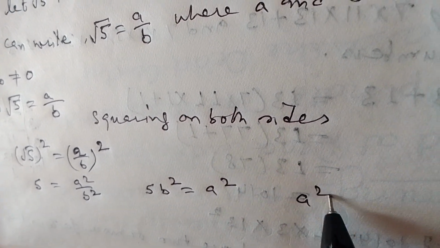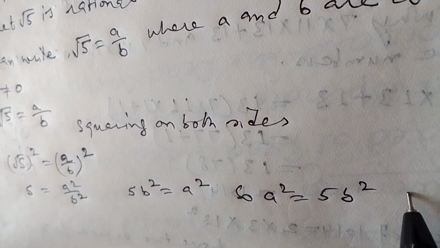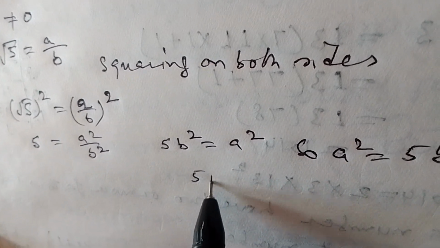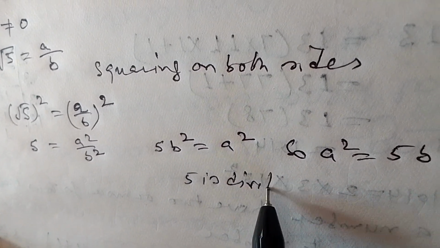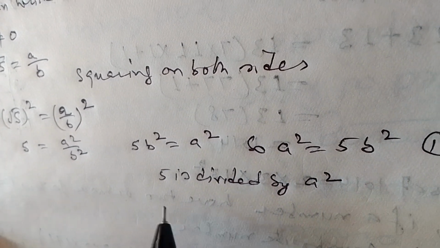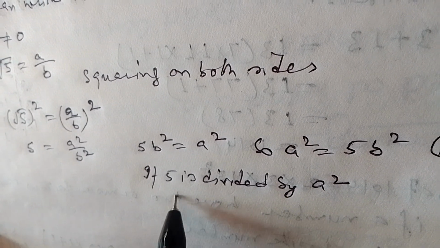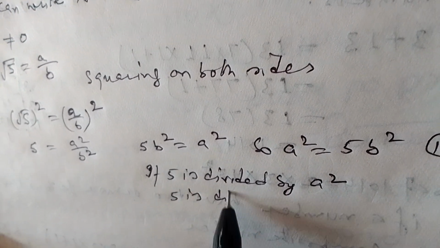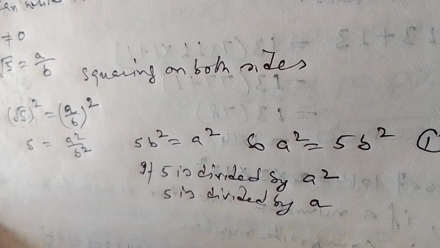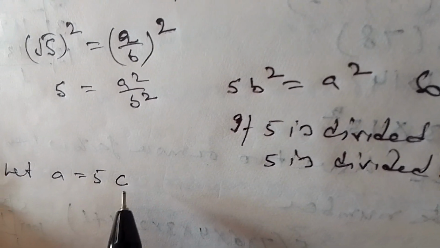So a square is equal to 5b square, noting it as equation 1. Now 5 divides a square. If 5 divides a square, then 5 divides a. Now let a be equal to 5c.